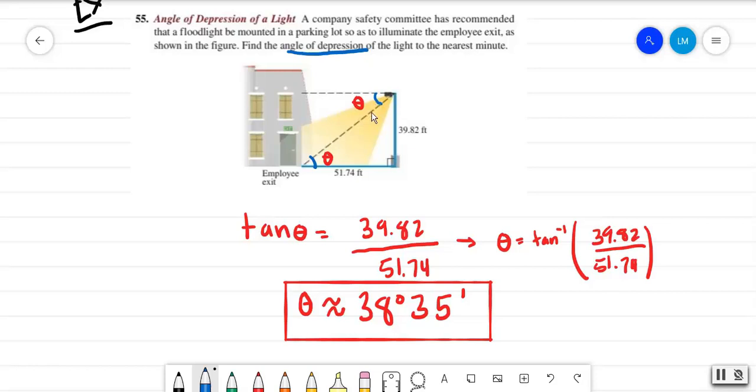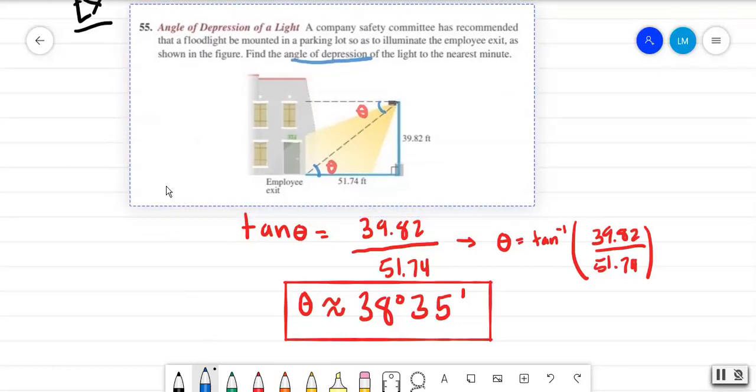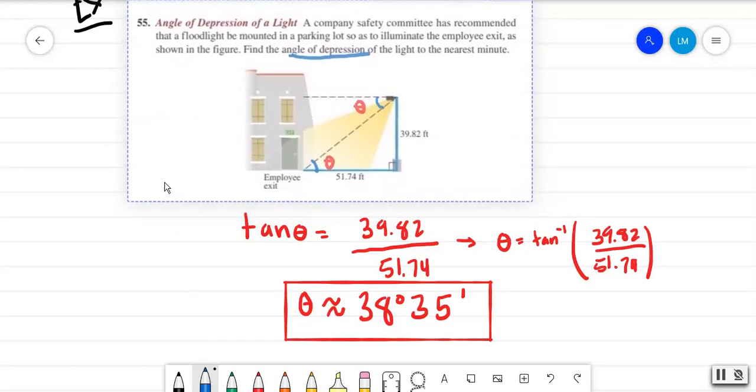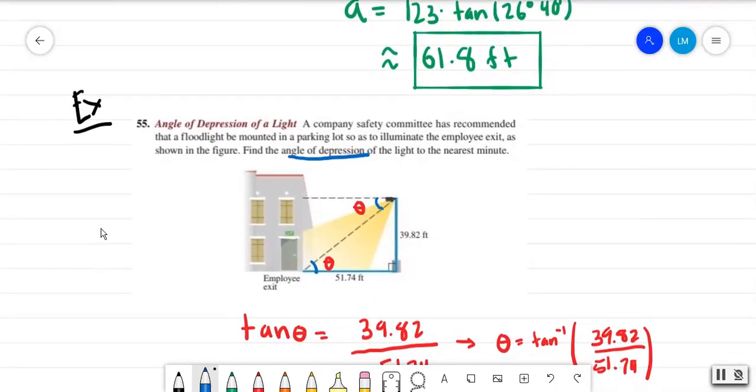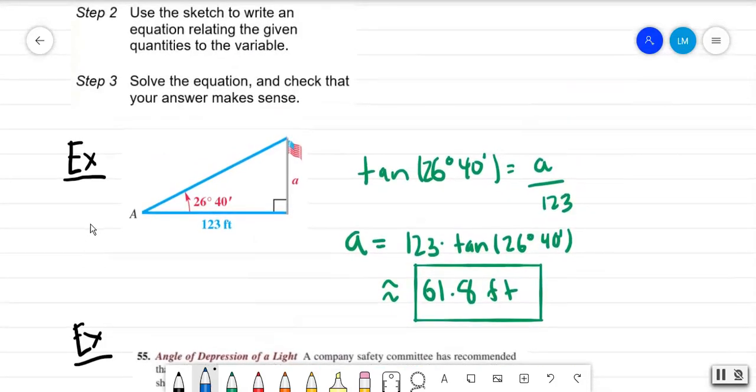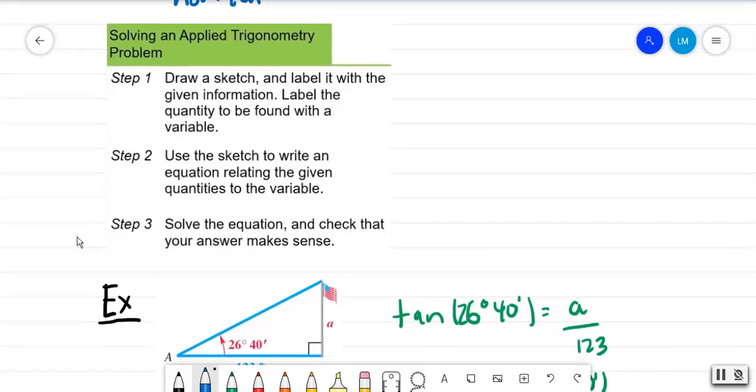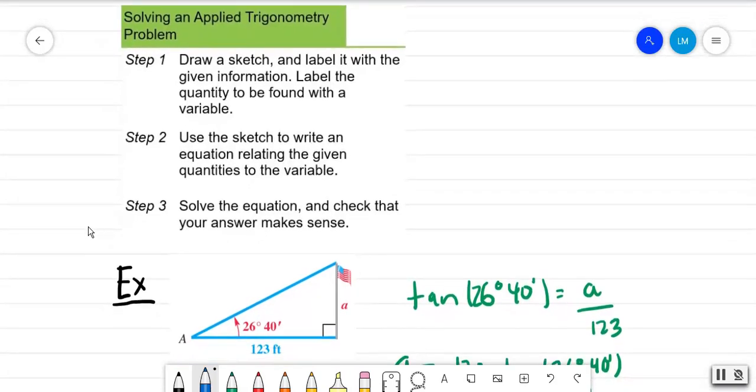Okay, so let me scroll back up so that you can get an idea of the process that I was talking about, with respect to George Polya's step process in solving a word problem, or problem solving techniques.